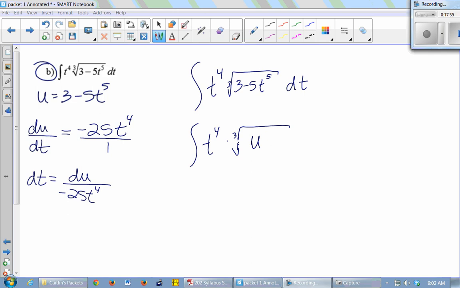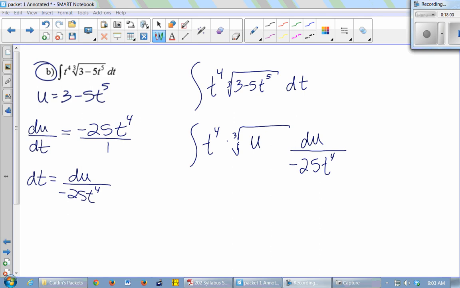And then instead of dt, I'm going to rewrite this as du over negative 25t to the 4th. So that's like steps 1, 2, and 3, right? Choose a u, find du dt and solve for dt, and then make all your substitutions.